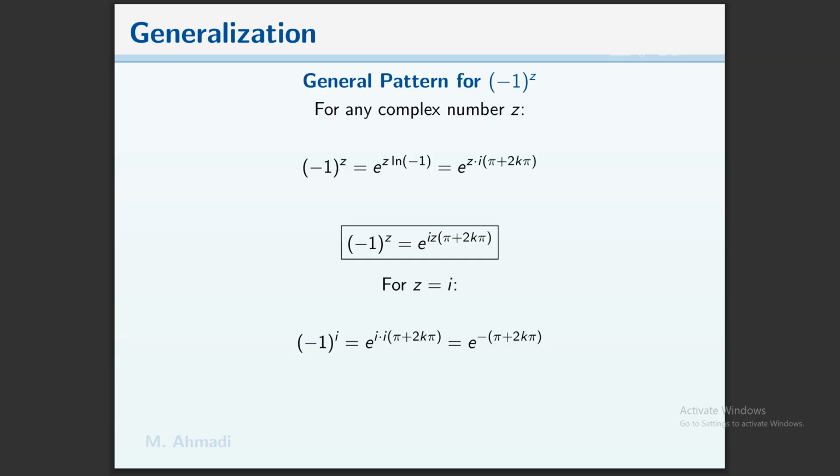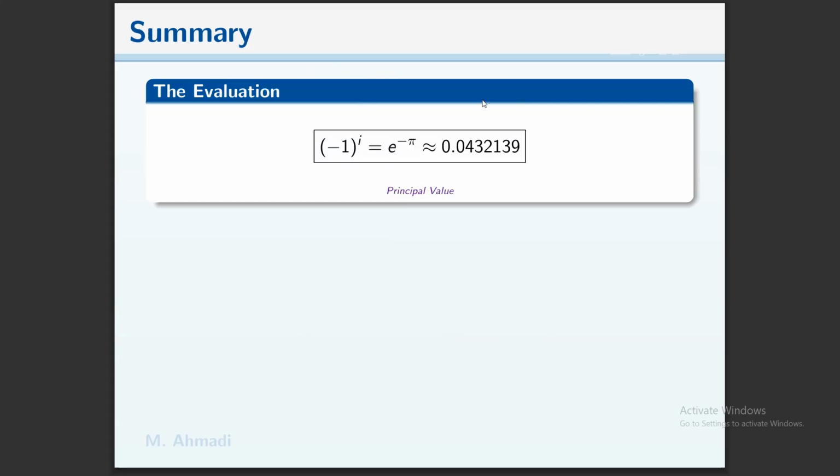For z equal to i, we had (-1)^i equals e^(i · i(π + 2kπ)), which equals e^(-(π + 2kπ)).